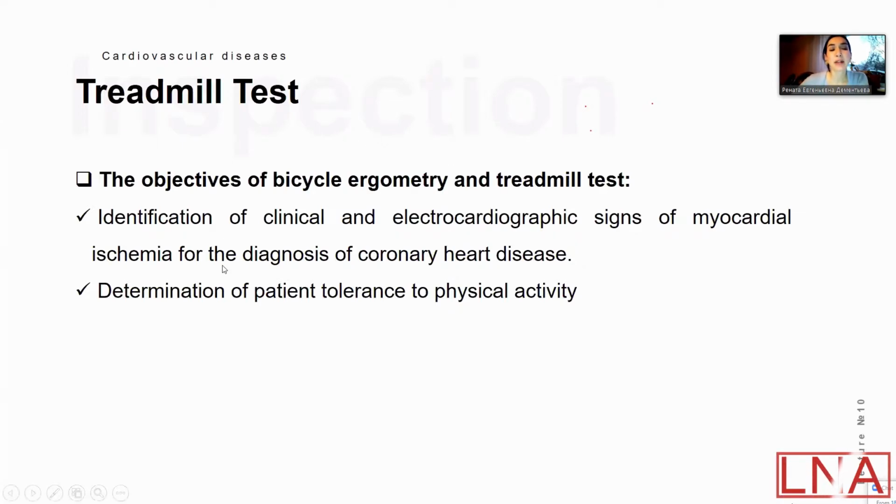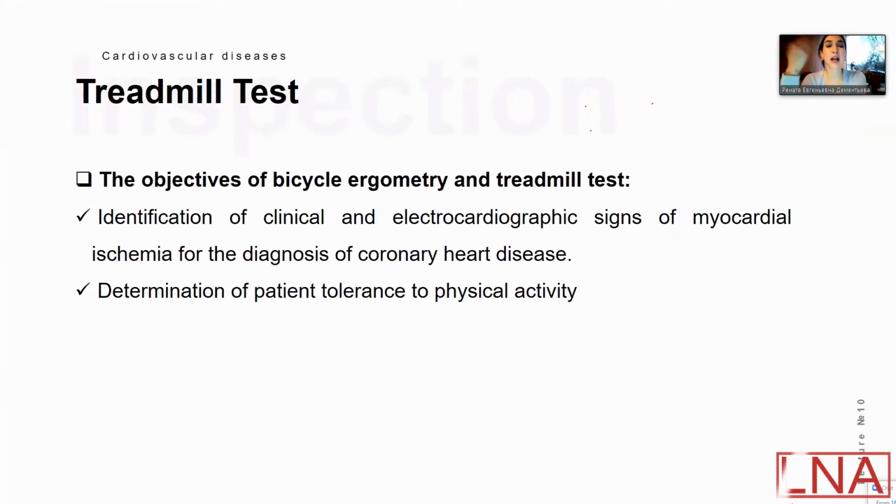What I mean when I told you about clinical signs, sure, it's pain in the heart region under the sternum with classical localization and radiation, like a clinical sign of coronary heart disease.